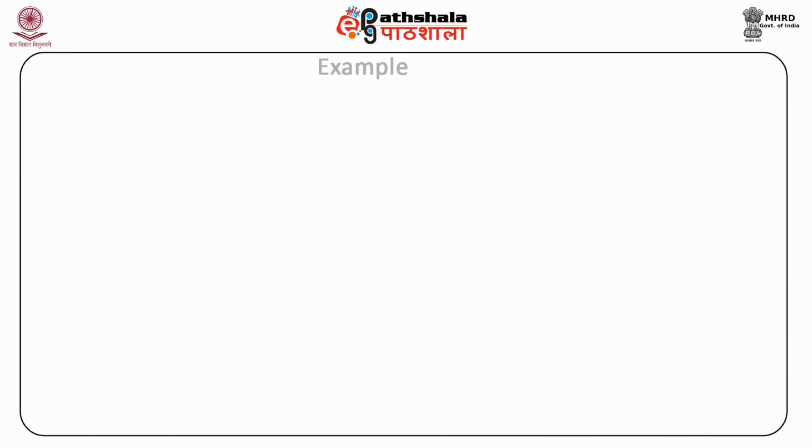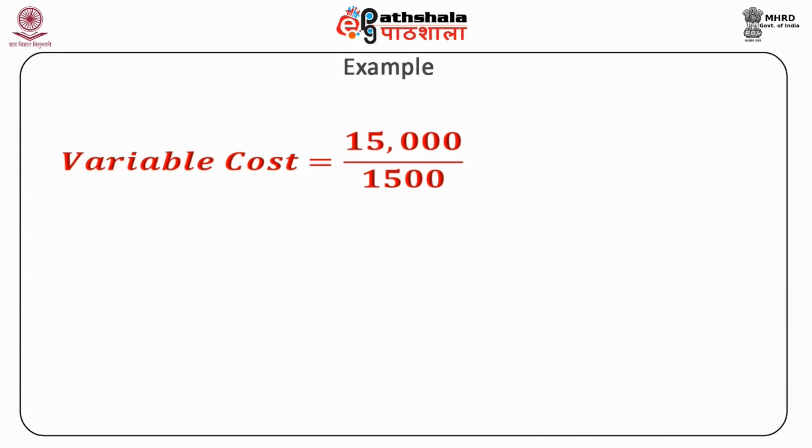By following the level of output method, we can find out per unit variable cost by dividing the change in cost by change in output. So, variable cost would be 15,000 divided by 1500, which is equal to rupees 10 per unit.